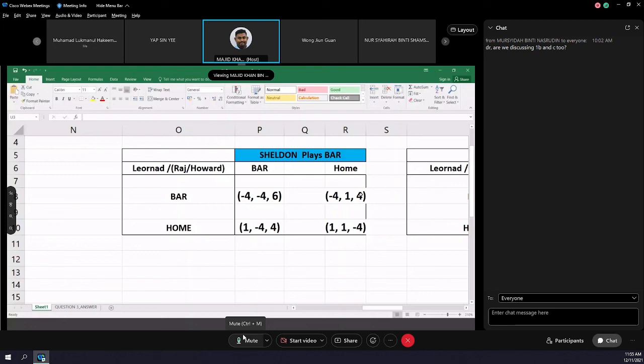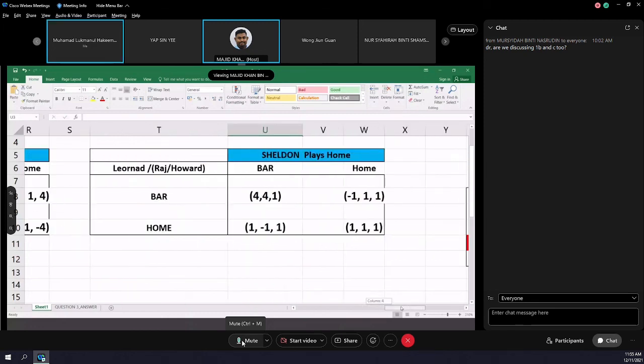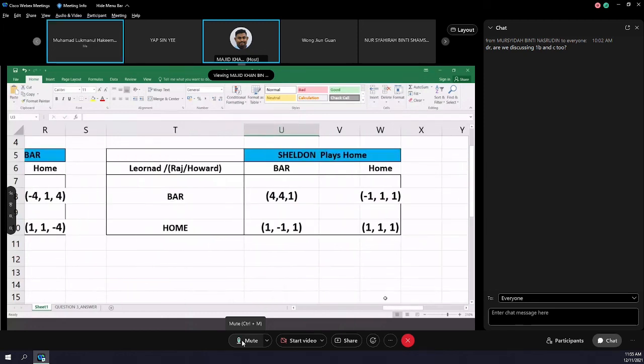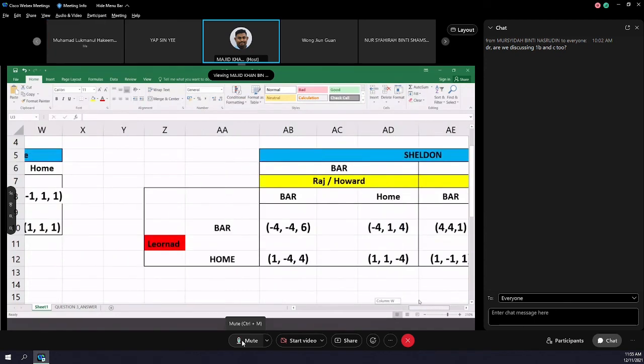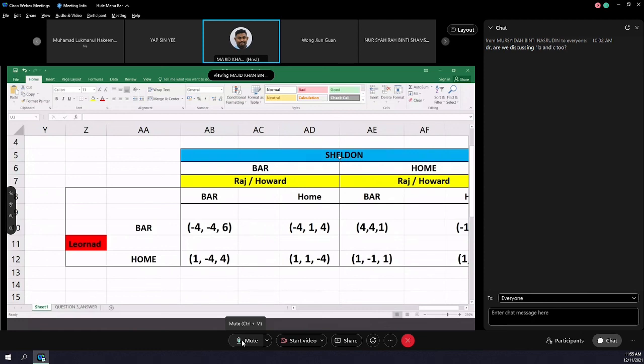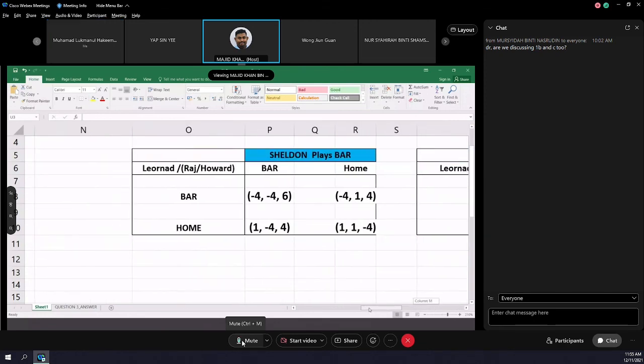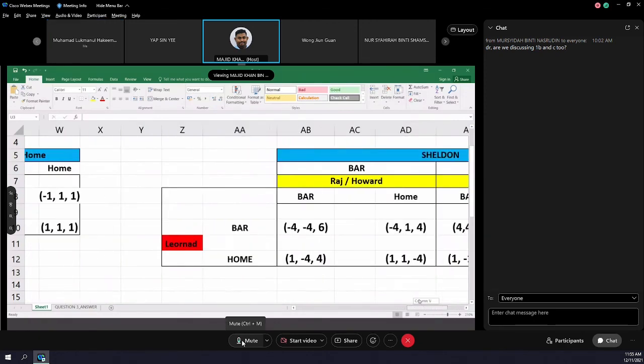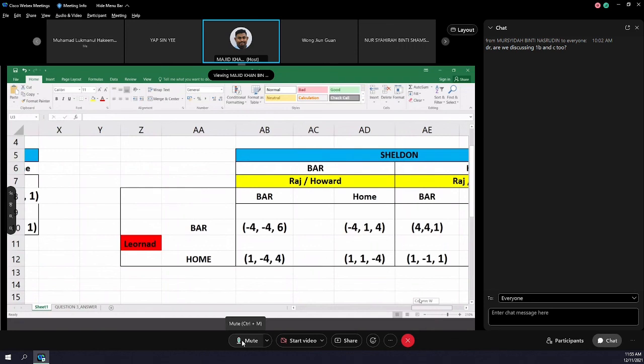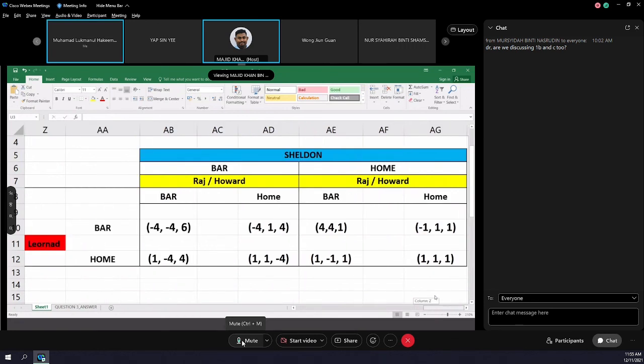And this one, Sheldon only playing home, correct? The last one, I just combine both together. If Sheldon plays bar, you get the same value for the first one. Then when he's playing home, you get this value. This is how you need to convert into 3x3 games. Understand or not?